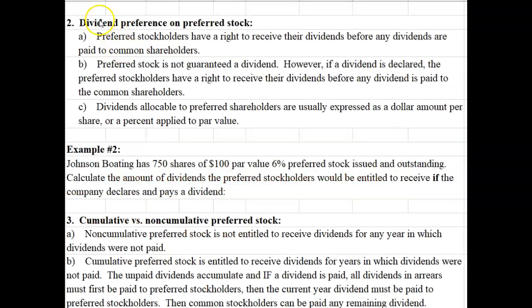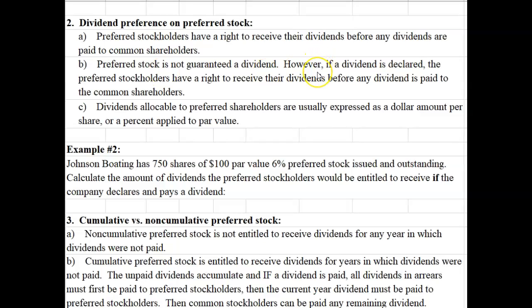Now let's talk about the dividend preference on preferred stock. Preferred stockholders have a right to receive their dividends before any dividends are paid to common shareholders. However, there is no requirement whatsoever for a company to pay dividends. So the preferred stock, and for that matter the common stock, is not guaranteed a dividend.